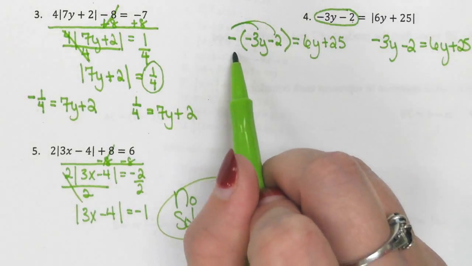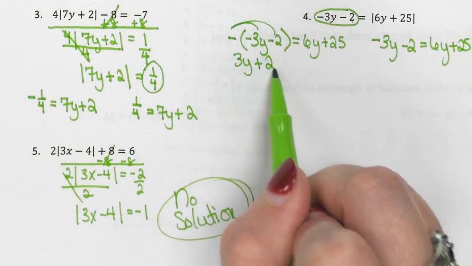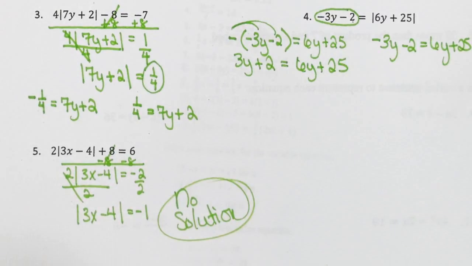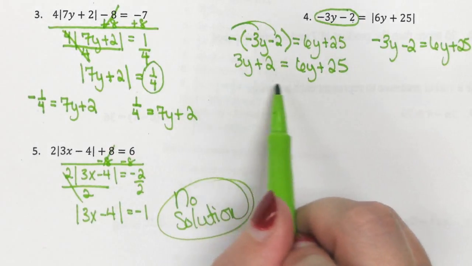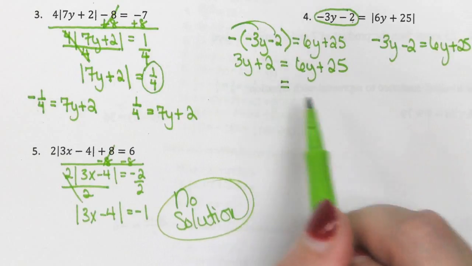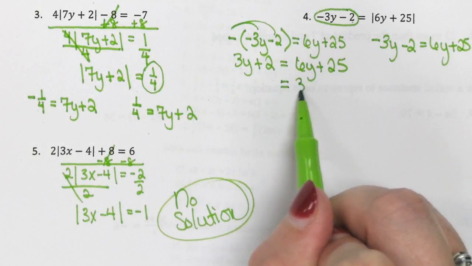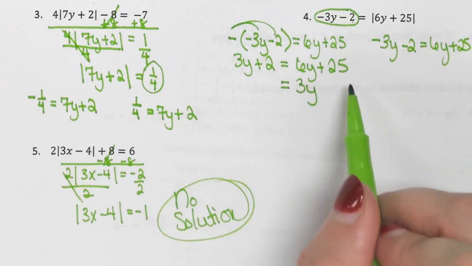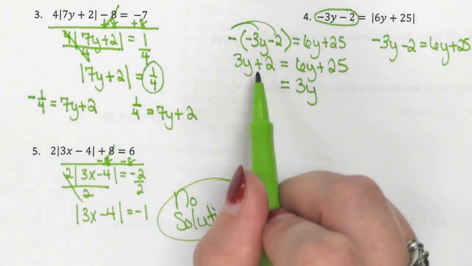Yeah, there you go. Okay, then we're going to subtract the 3, right? What's 6y minus 3y? 3y. Then we're going to subtract the 25.